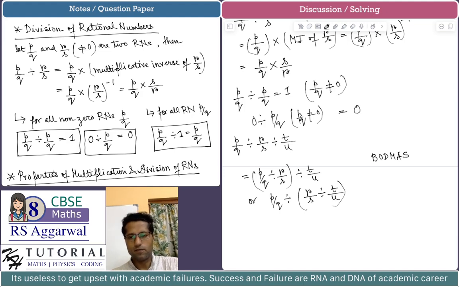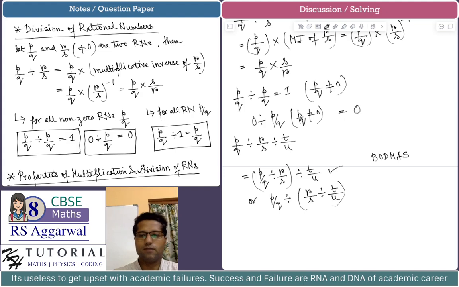I think this is the way you should execute the division operation on the rational numbers, from left to right.